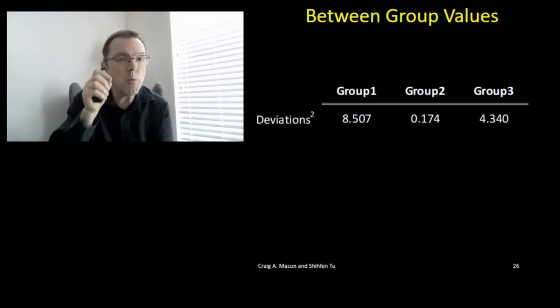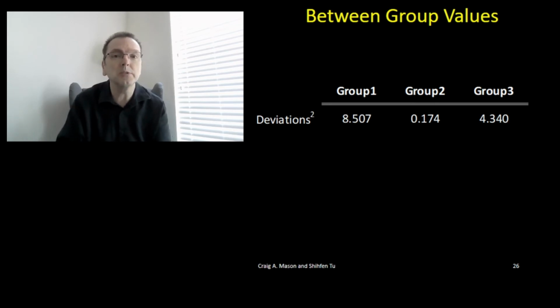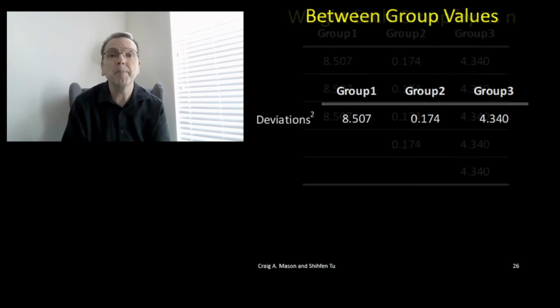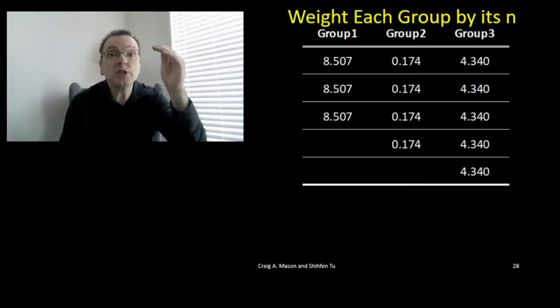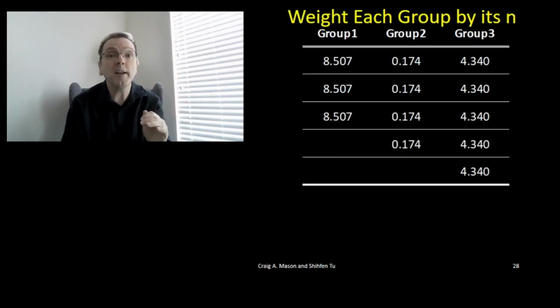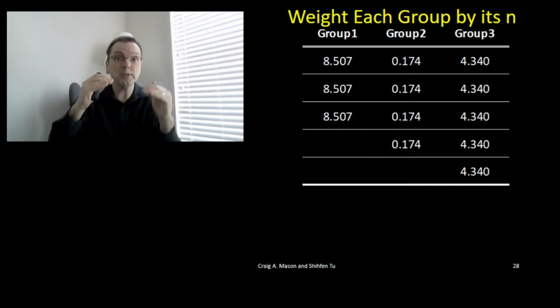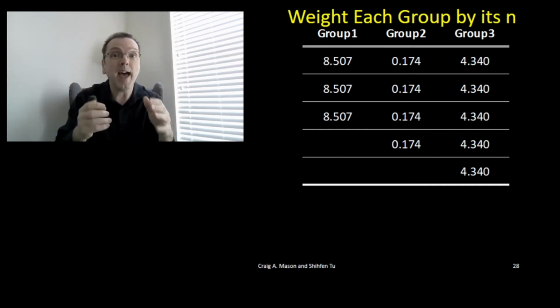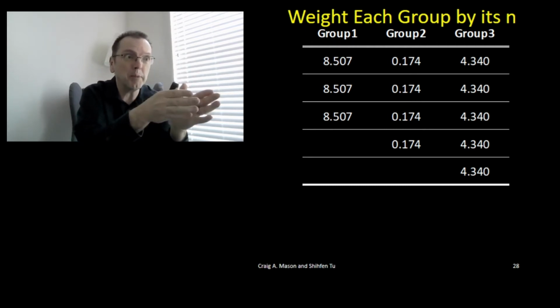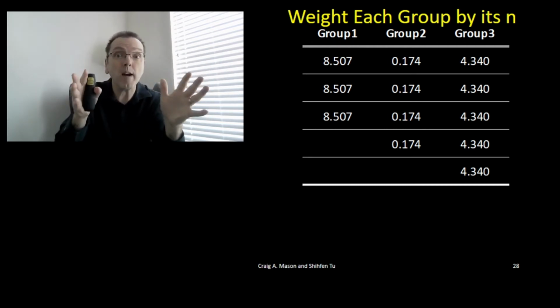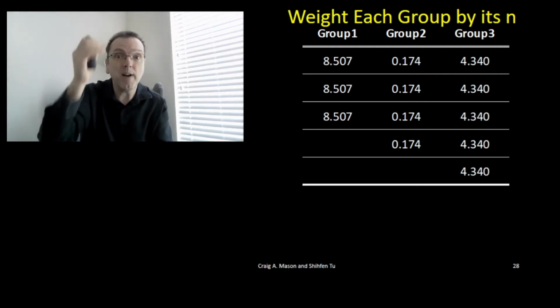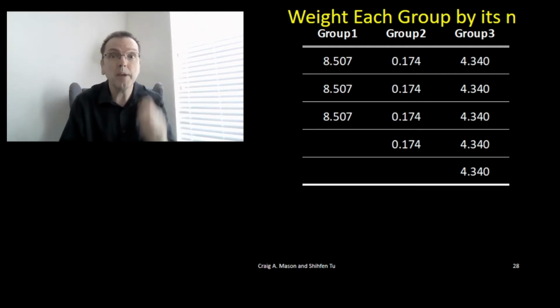So we have to weight each of these values by the number of people in the corresponding group. So each of the 3 people in group 1 has a squared group mean deviation from the grand mean of 8.507, right? That applies to each person, so each person has that deviation between their group mean and the grand mean squared. So 8.507 for all 3 people.